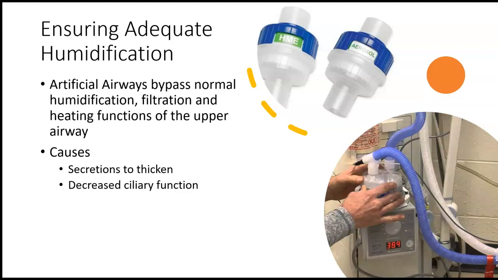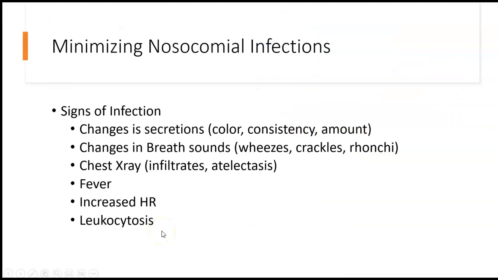So nothing's perfect when we're trying to bypass the upper airway and keep everything humidified, but these are our good two options. HMEs, like I said, are typically used more for short-term ventilation needs, and then longer-term or complicated patients would get the heated humidifiers.